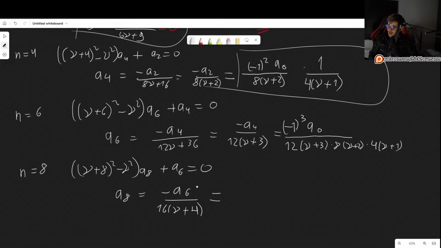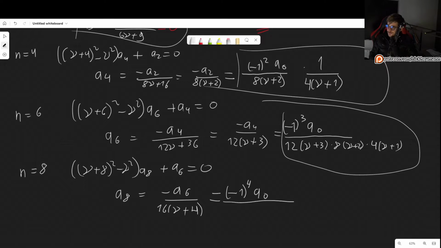Now let's plug in a6, which we have right there. So we get minus 1 to the 4th power a0 divided by, now it's very important that whenever you have this minus 1 cubed, that you write it as minus 1 cubed. Don't just write minus 1, or if it's squared or something like that, don't just say 1, because it's a pattern that you must see. So even though you could just write this as 1, don't do it. Okay, so then we have 16 times (nu plus 4).